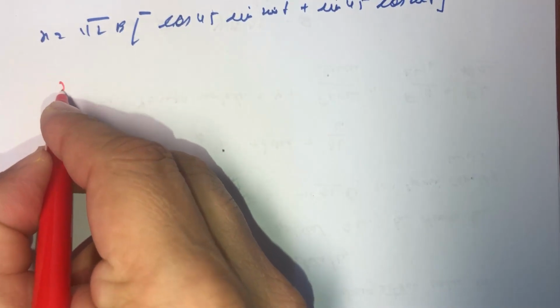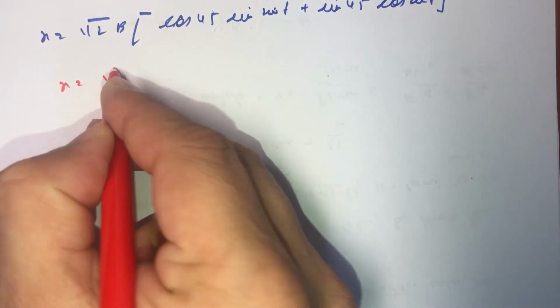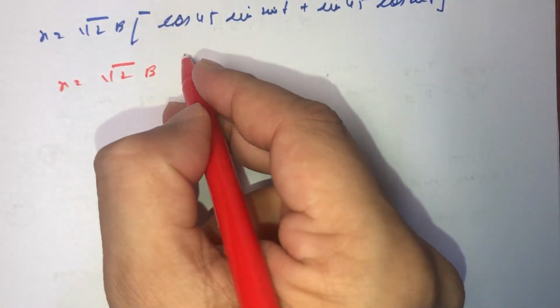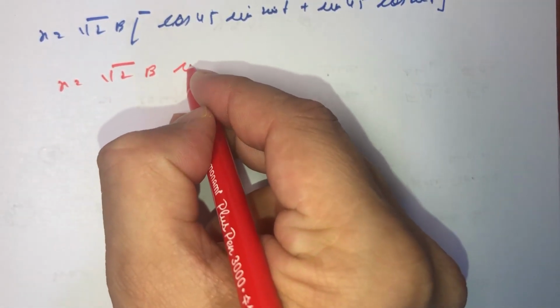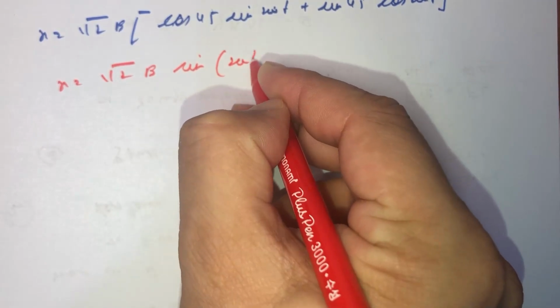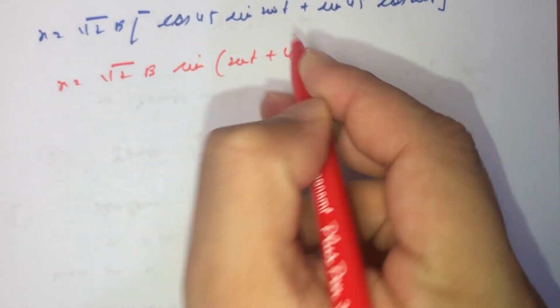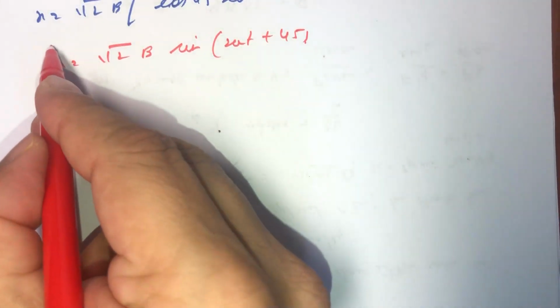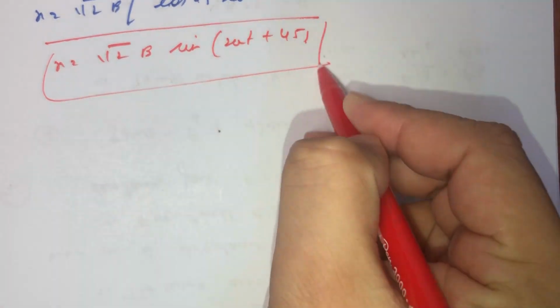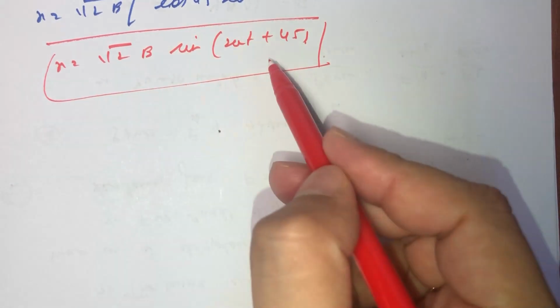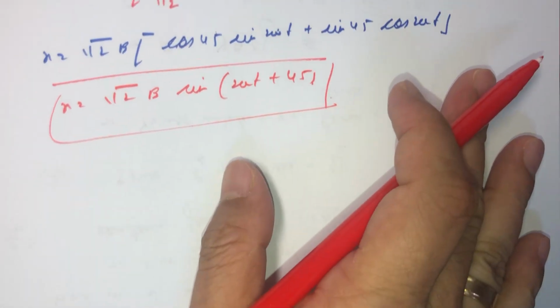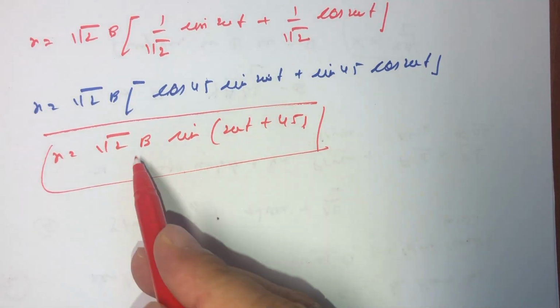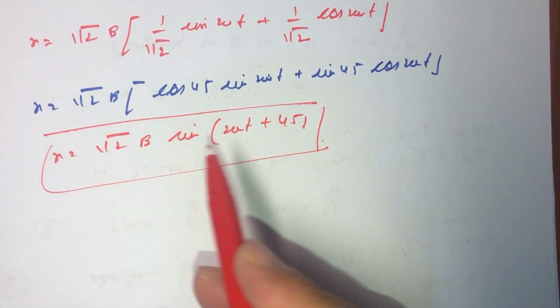So we get x equal to square root of 2 B sine of (2 omega t plus 45).